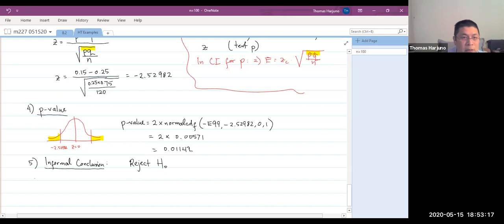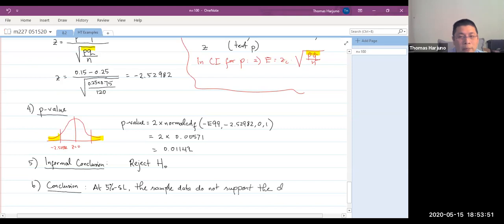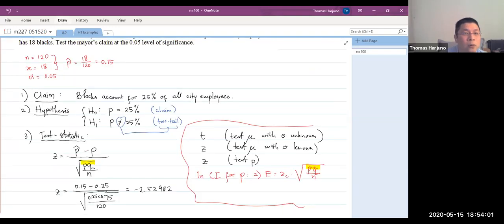In step 6, the conclusion: at 5% significance level, the sample data will not support the claim that black cats account for 25% of all cats.